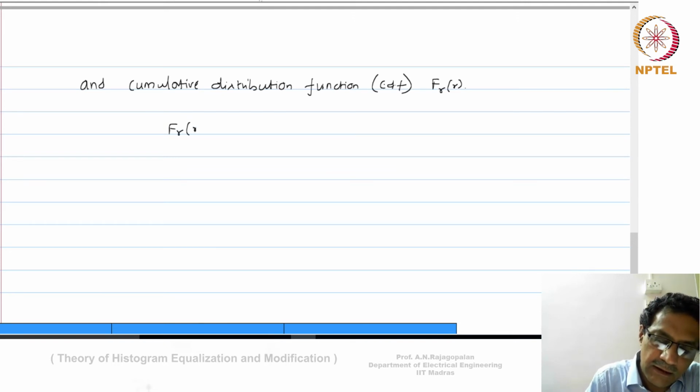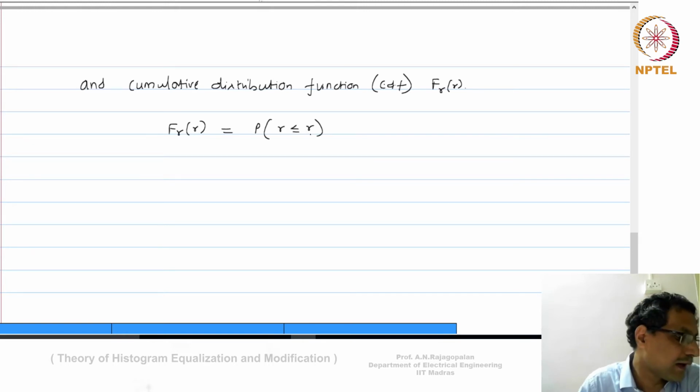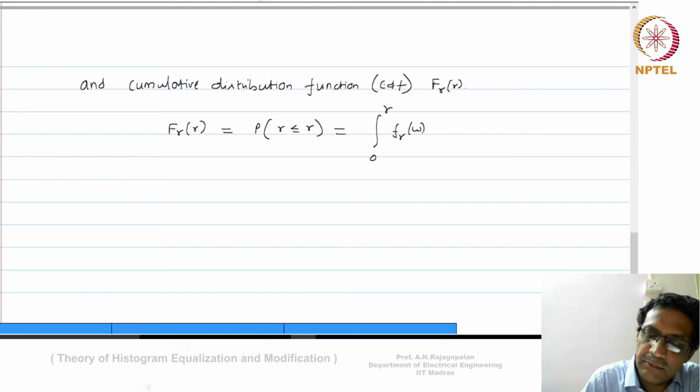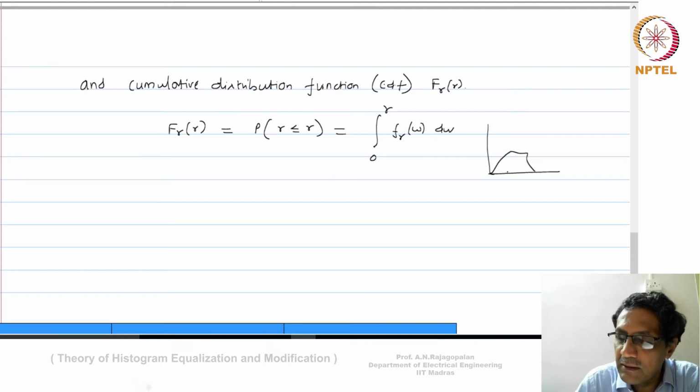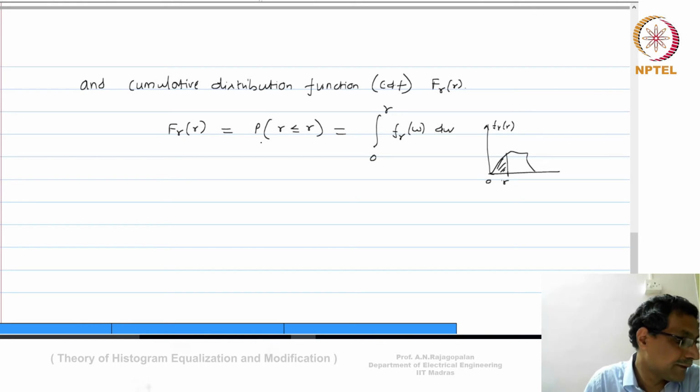We know that F_R(r) is equal to the probability that R takes a value less than or equal to r, or this can also be obtained as the integral from 0 to r of f_R(w) dw. So this equals the area under f_R(r). If f_R(r) integrates to 1 and you want to find capital F_R(r), you integrate the area under this PDF.